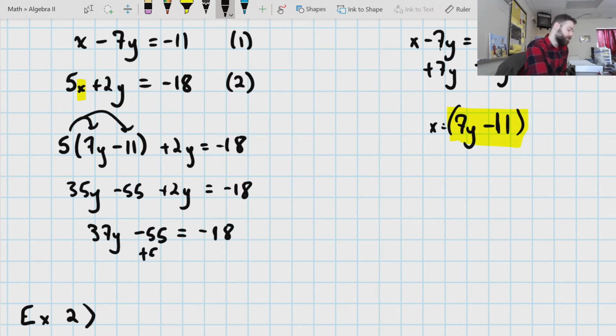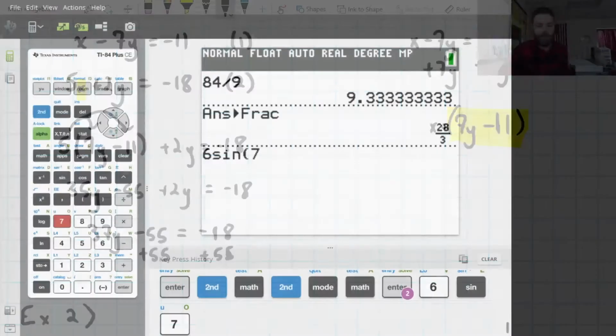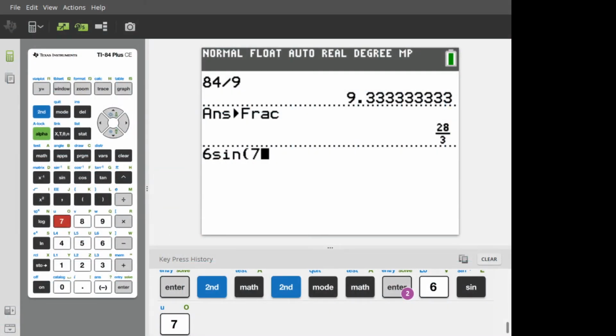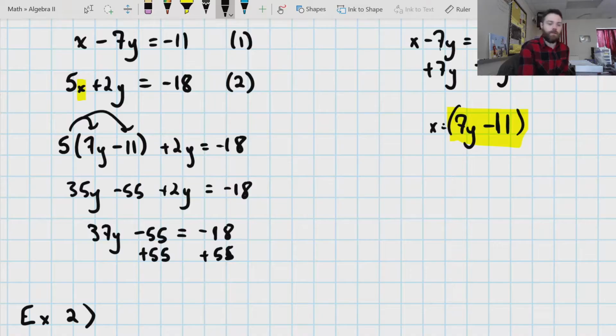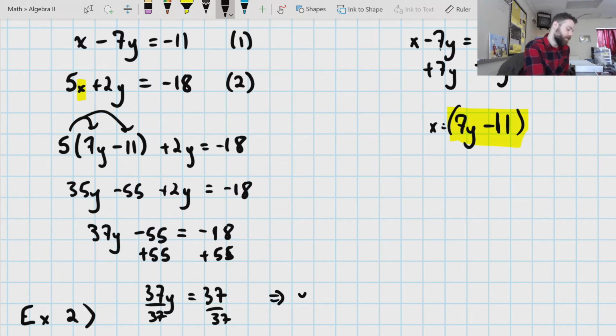I'm going to add 55 to both sides of that equation. And let's see what 55 minus 18 is. It is indeed 37. Okay, so that's going to work out nice. So 37y equals 37. Divide both sides by 37, and I get y equals 1.